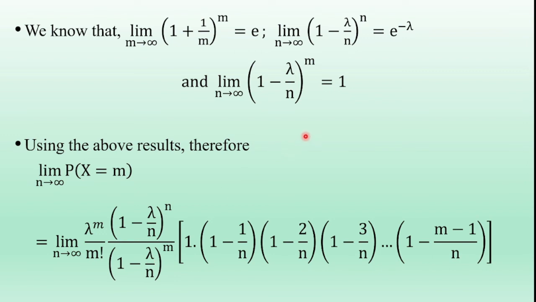Within the bracket term, applying the limit, 1 by infinity is 0, 2 by infinity is 0, 3 by infinity is 0, and (m minus 1) by infinity is 0.